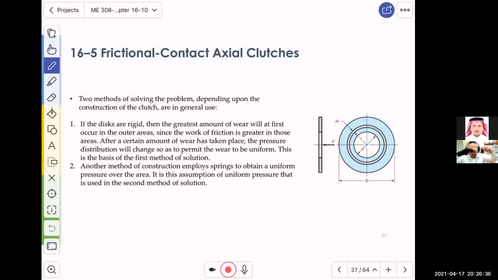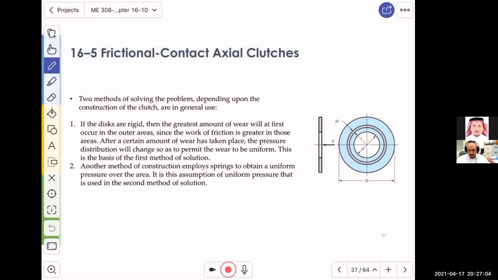That's why the outer layer is going to wear more than other layers. Since the work of friction is greater on those top layers, after a certain amount of wear has been taken out, the pressure distribution will change so as to permit the wear to become uniform.